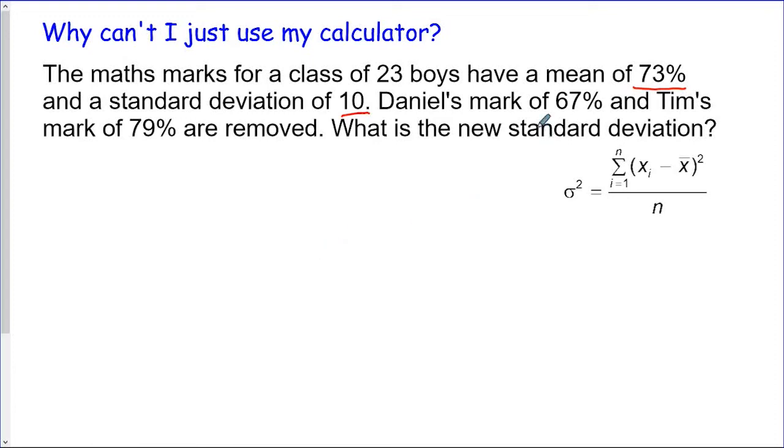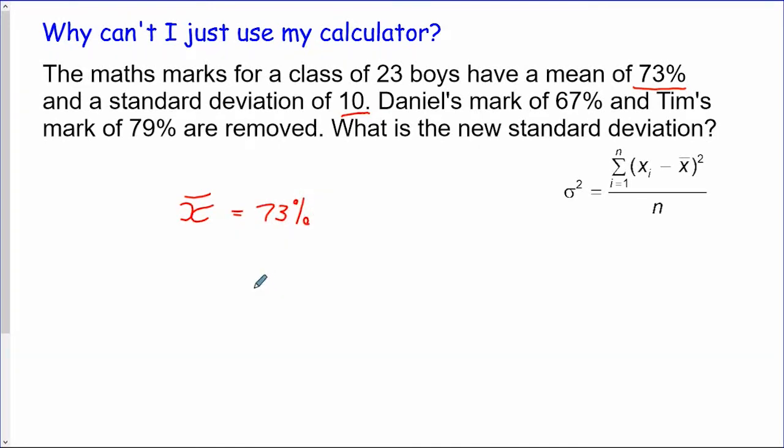But in fact, if one has a look at it, these two boys average out at the mean. Daniel's mark is actually 6% below the mean, and Tim's mark is 6% above the mean. So their marks being removed will not affect the mean. So the mean is still 73%, even when there are only 21 marks.